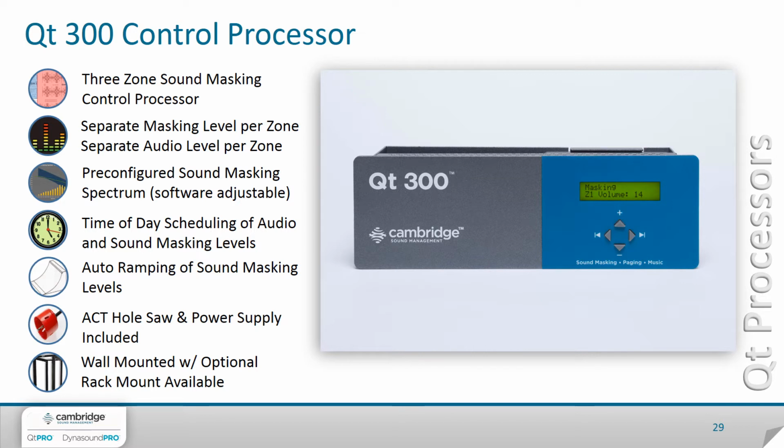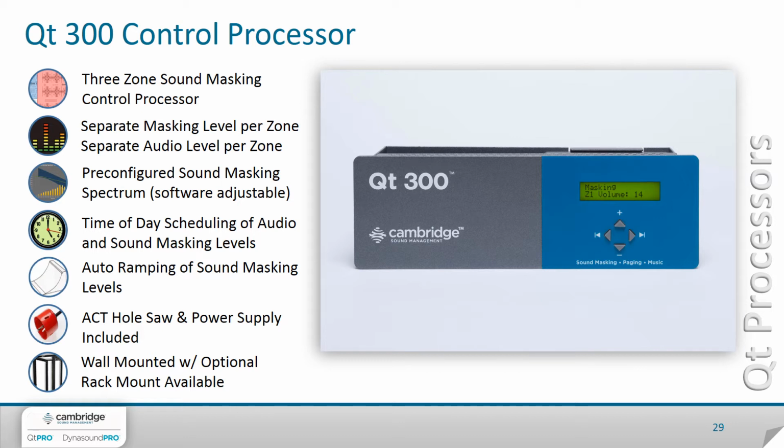The QT300 provides 3 separate sound masking zones, which are independent. Each zone has separate sound masking and audio level control. While the sound masking spectrum is preset in the QT300 out of the box, it also can be adjusted to a specific sound masking spectrum via the unit's web interface.